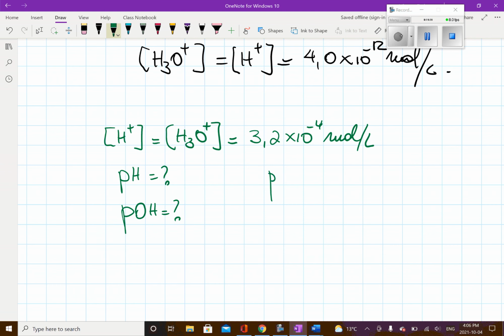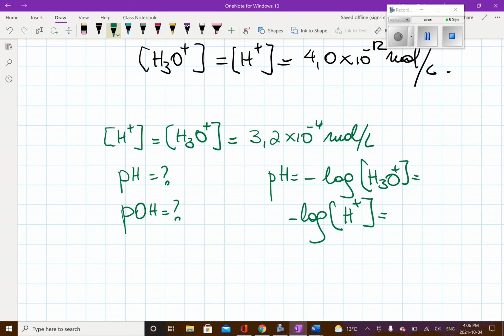The pH will be negative log of the concentration of hydronium, which is exactly the same as the concentration of hydrogen. So negative log of 3.2 times 10 to the power of negative 4.